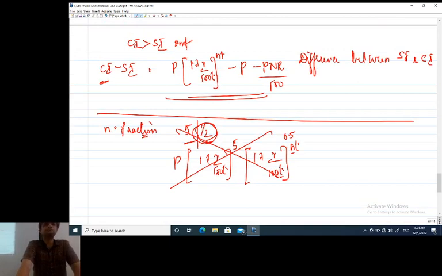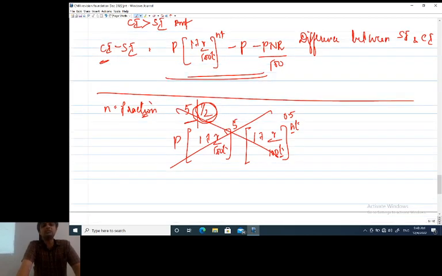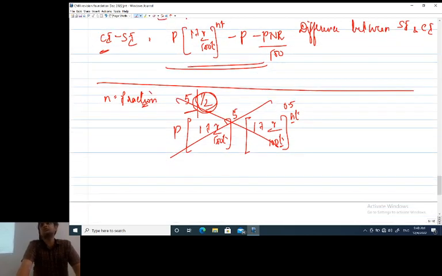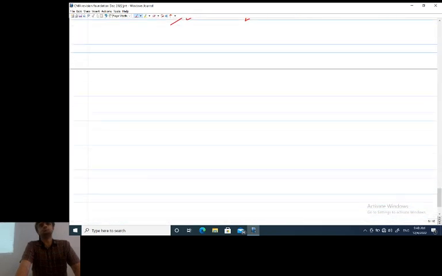Compound interest P into 1 plus R by 100 is amount. What is interest? Amount minus principal. He has asked for interest, so you have to give only interest. Clear? Any doubts?